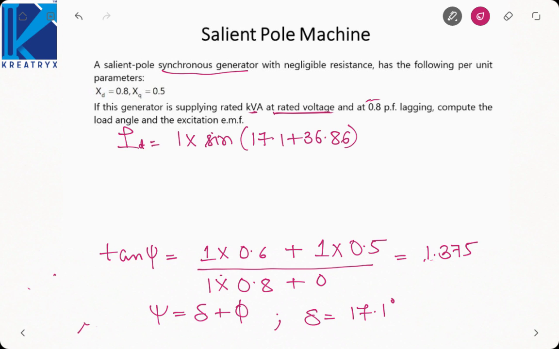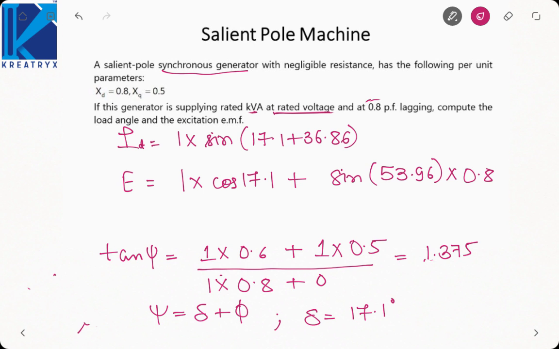When you calculate EMF, it will be V into cos of delta, V into cos of 17.1, plus ID, meaning sine of 53.96, into XD, which is 0.8. So this comes out to be 1.602 pu. So these equations you have to remember, one for the internal power factor angle and the other for the induced EMF.